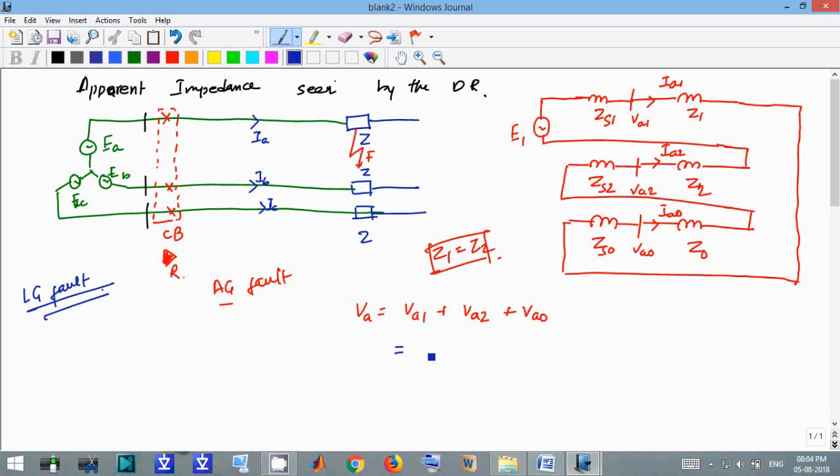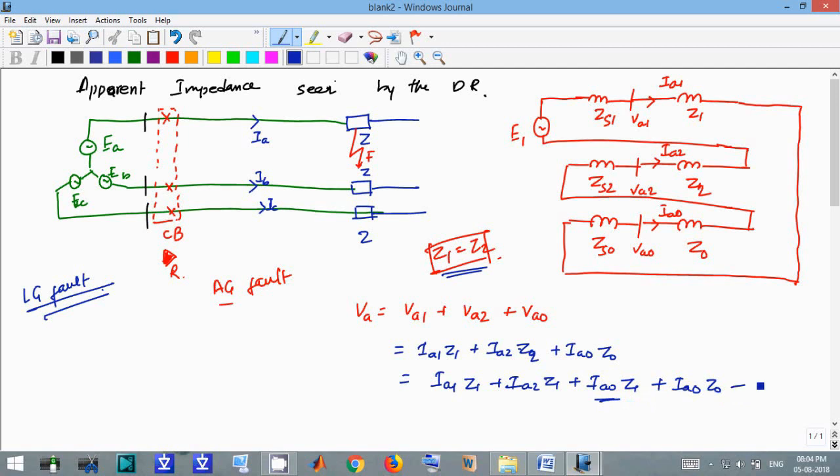So VA will be IA1 Z1 plus IA2 Z2 plus IA0 Z0. As we said that for a transmission line Z1 equals Z2, we can write IA1 Z1 plus IA2 Z1, and we add a component IA0 Z1 plus IA0 Z0, and we need to subtract IA0 Z1.